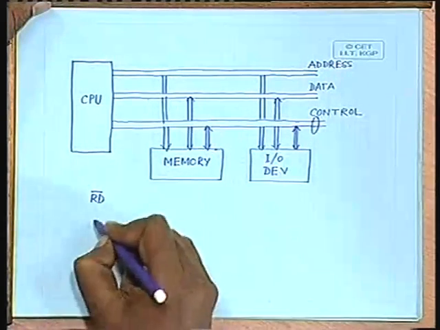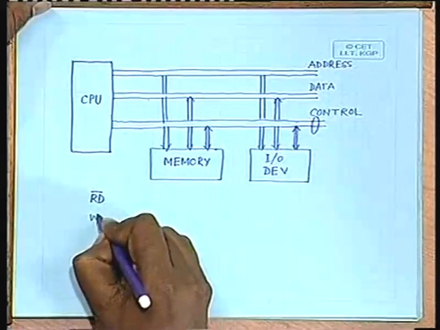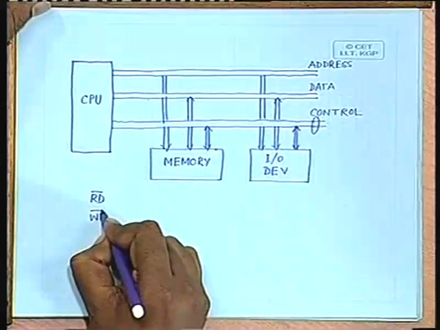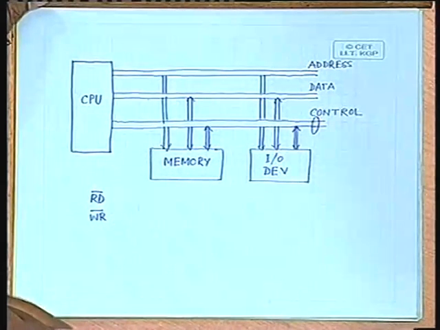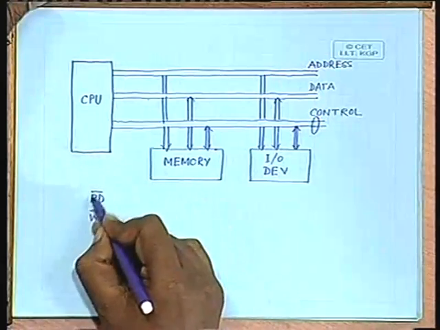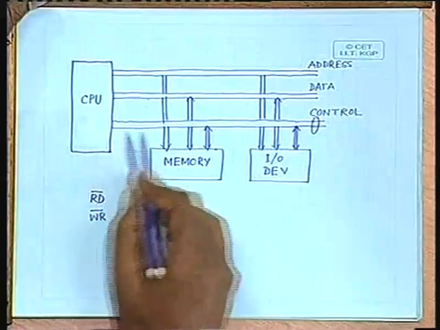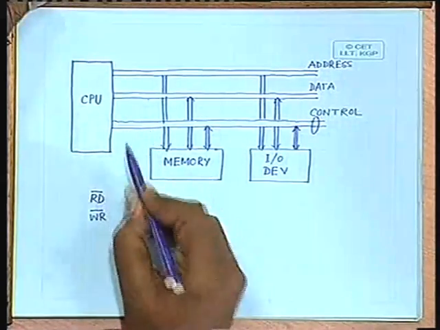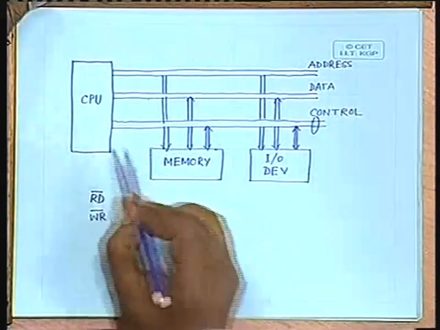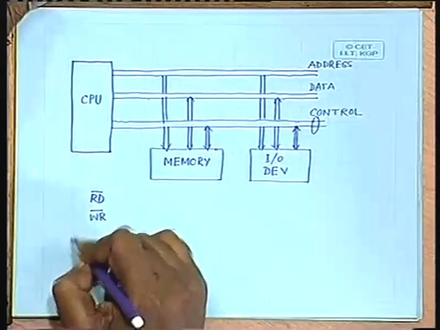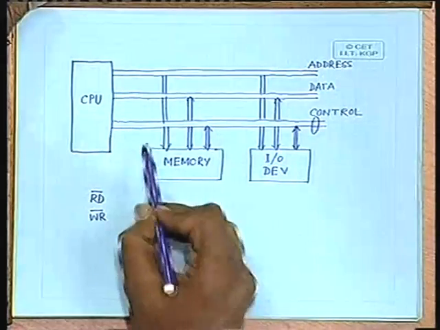For write operation, the control signal generated is the write control signal, again given in negative logic, that is write bar. So, if the read line is low, that is, the read control signal generated by the CPU is low, in that case the CPU wants to perform a read operation. If the write bar line is low, in that case the CPU performs a write operation.